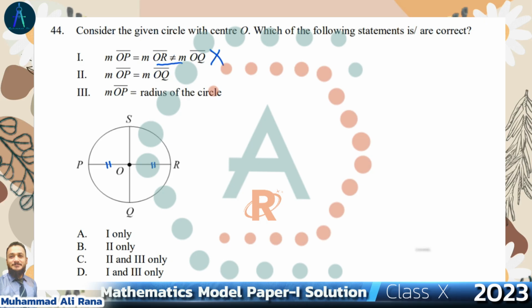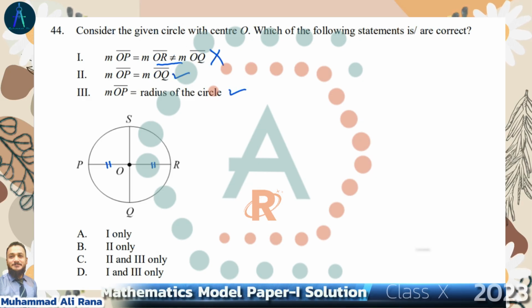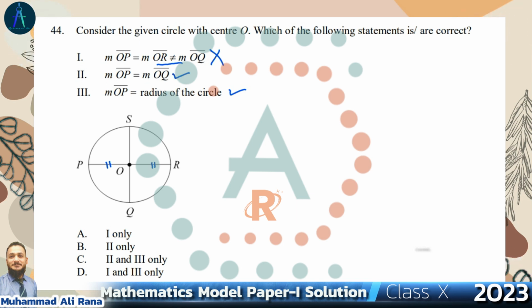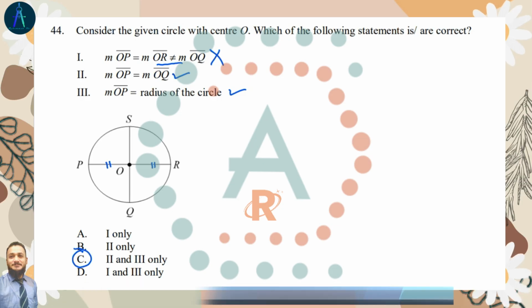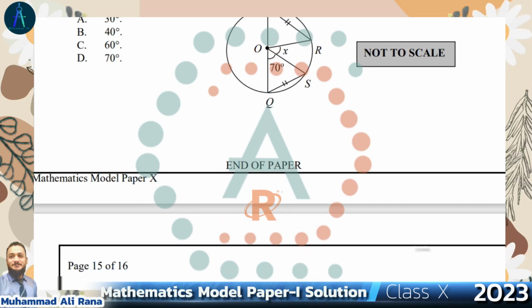OP is equal to OQ. OP and OQ are radii, they are equal, and condition 3 is also equal. This means conditions 2 and 3, which we have got in option C. So the correct answer is option C.